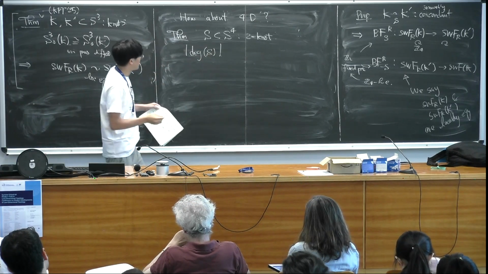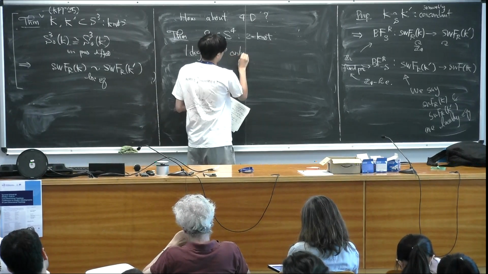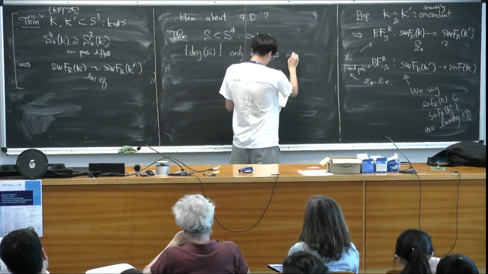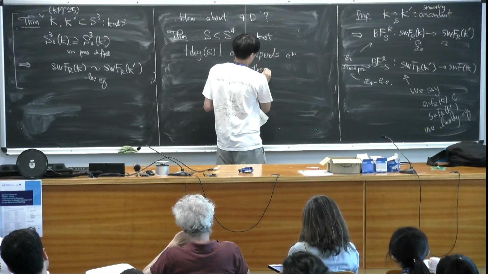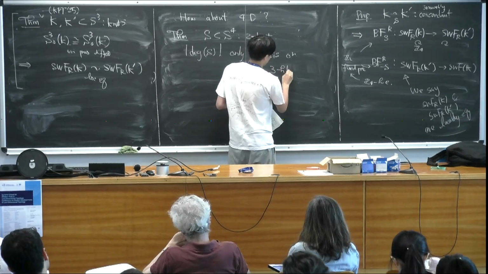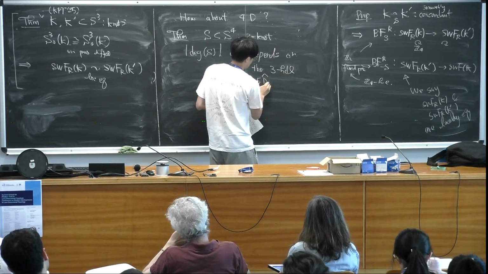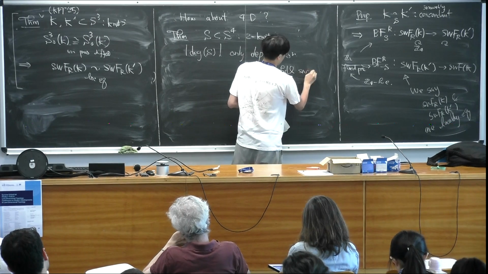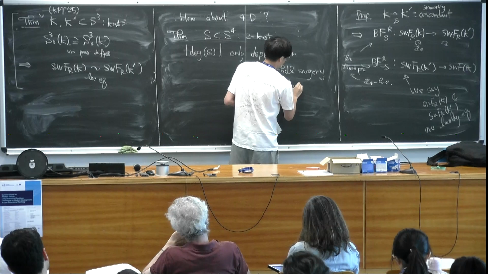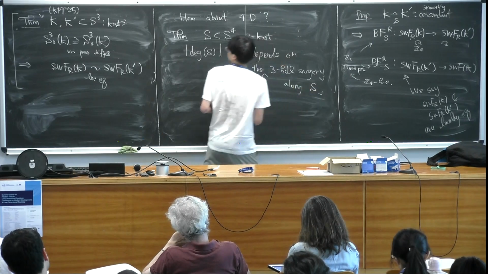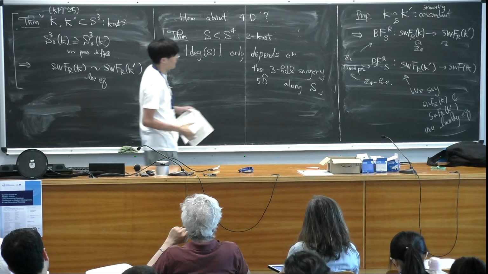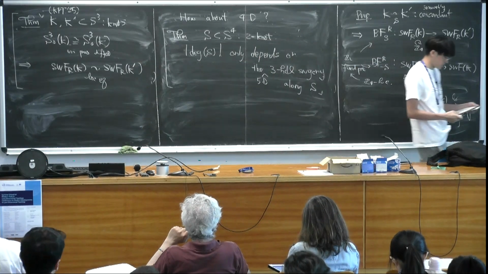But what we can say is this number only depends on the 3-handle surgery, 5-dimensional 3-handle surgery along S. So this is a similar type of result for the 4-dimensional invariant.